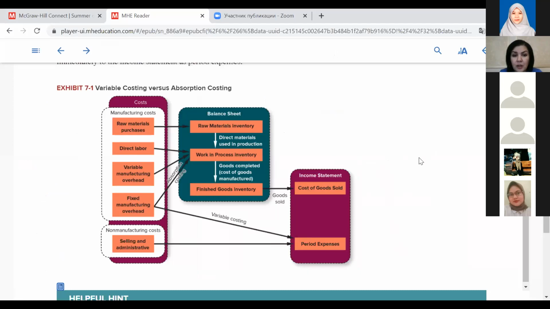So what do you think? The value, in dollars, of cost of goods manufactured will be higher under which of the methods, absorption costing method or variable costing method?